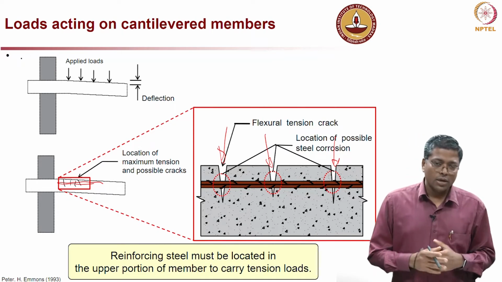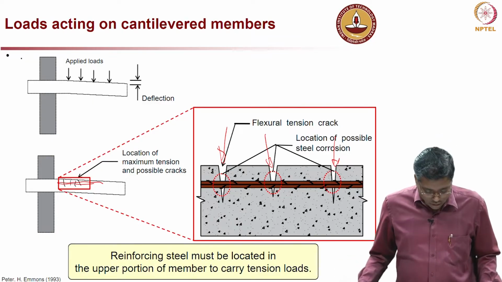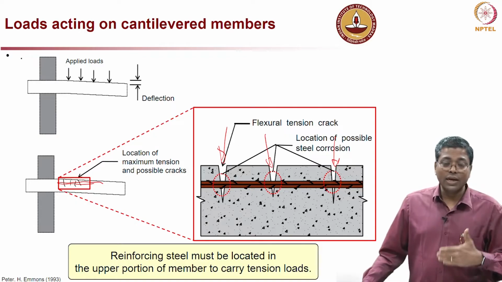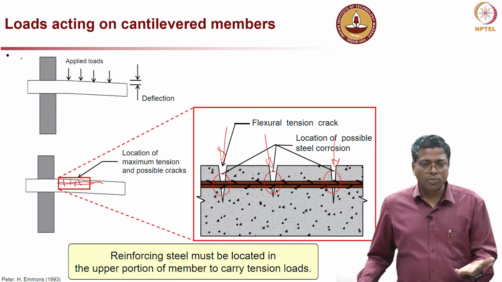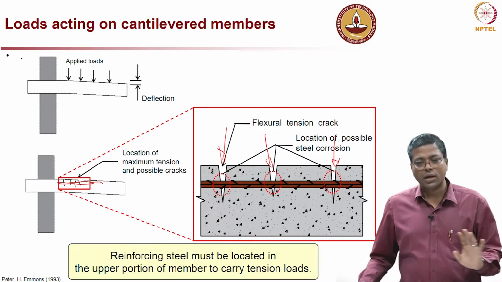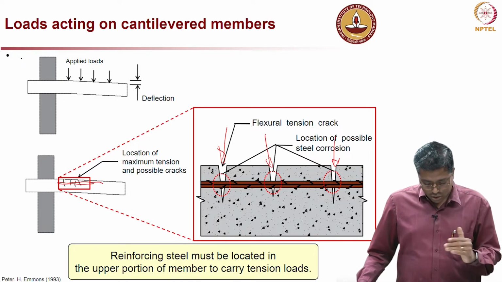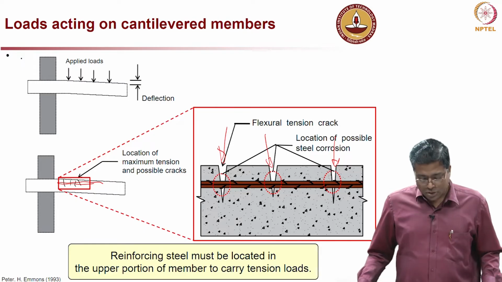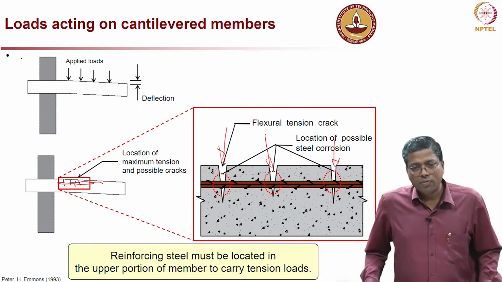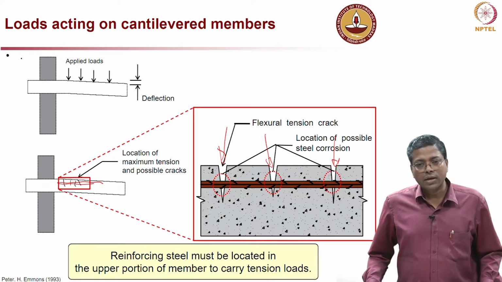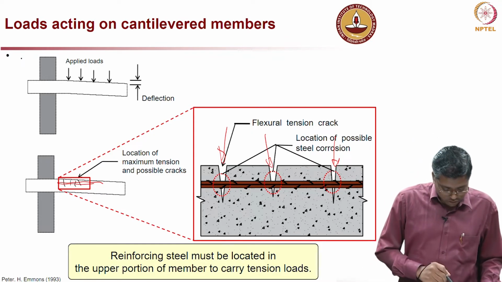The structural drawing might be good, but at the site people make mistakes, and where there needs to be tension reinforcement, they do not provide it; instead it goes to the bottom surface. So, all these can happen, and understanding them will help us understand the problem and then address the issue.